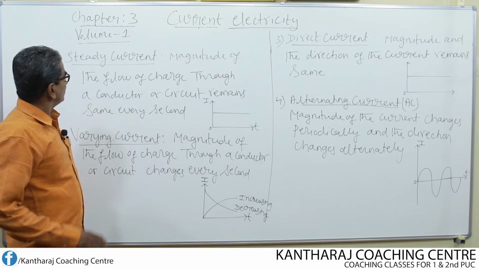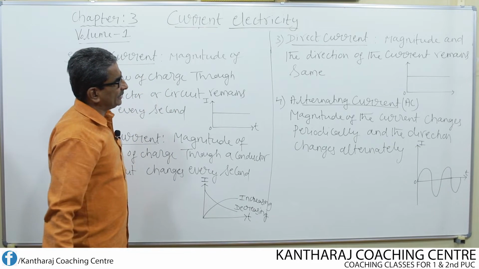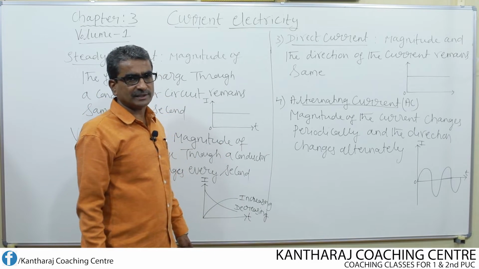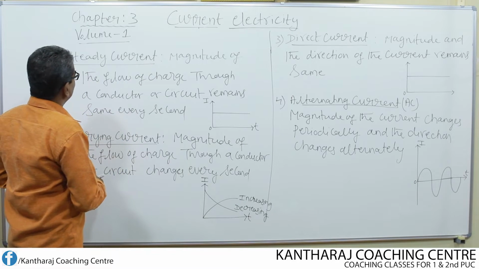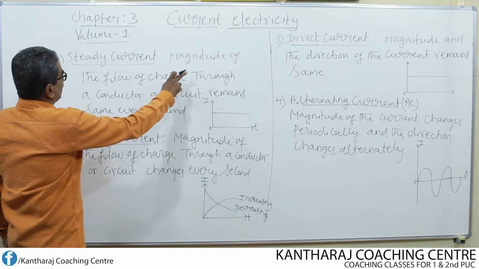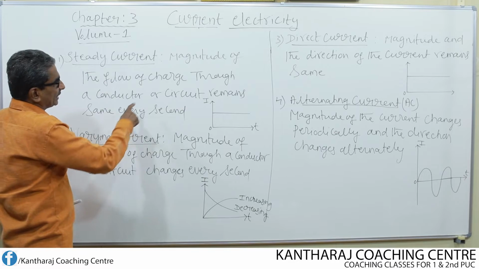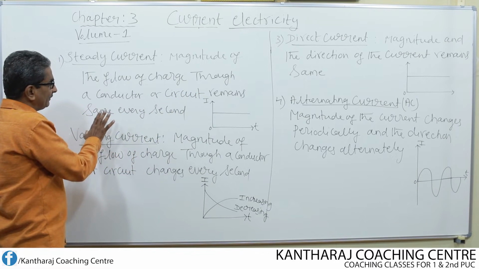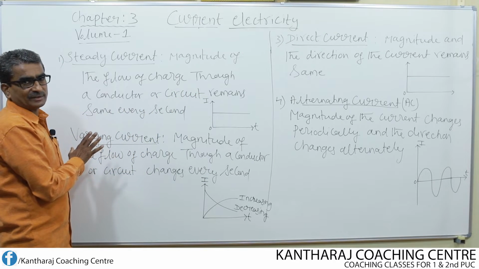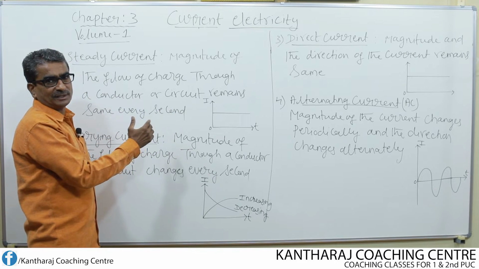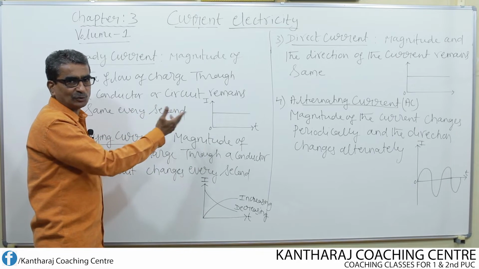Okay. Now these are the different types of current. So far we discussed steady current: the magnitude of the flow of charge through a conductor or through a circuit every second remains the same. First second 2 coulombs, second second 2 coulombs, third second 2 coulombs.